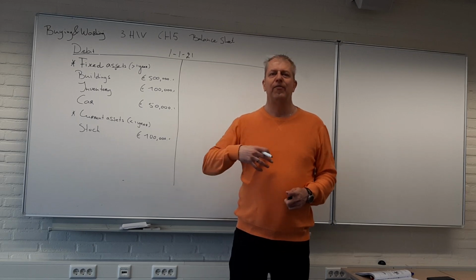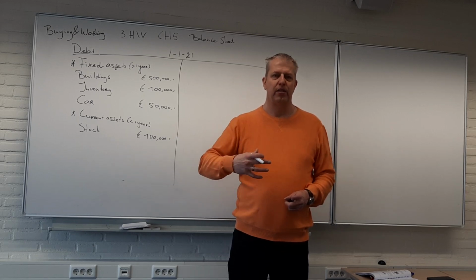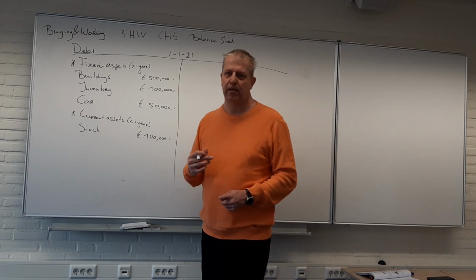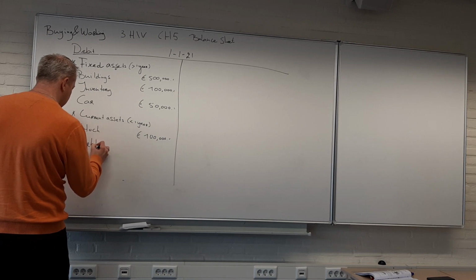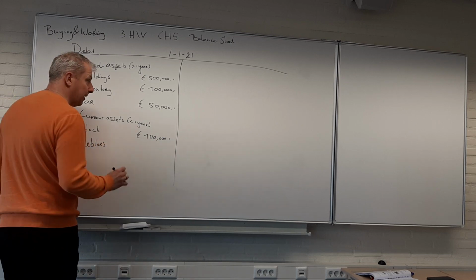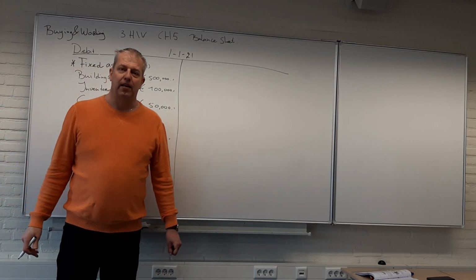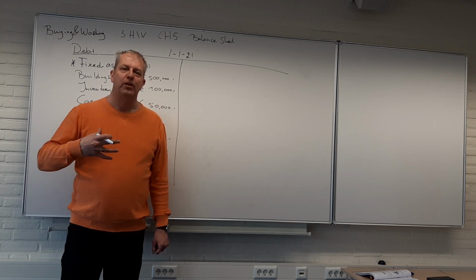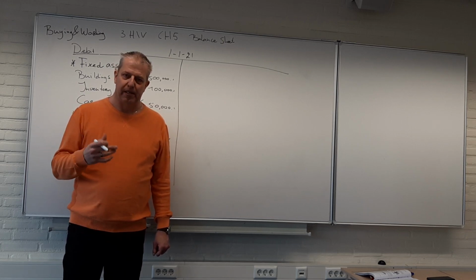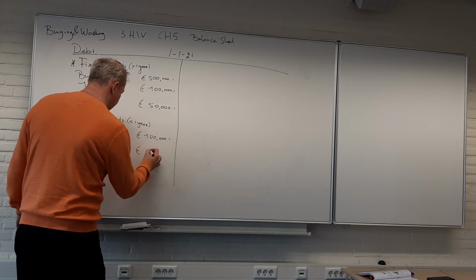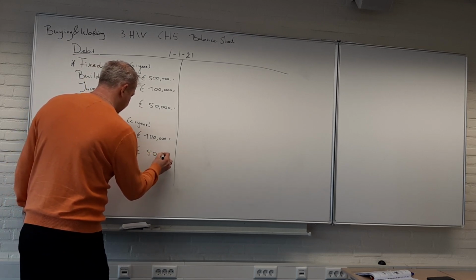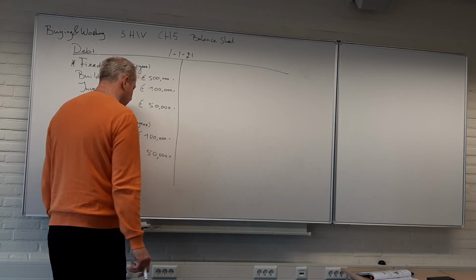So if I sell things which aren't paid yet, I call that debtors. So debtors are people or companies that I sell things to which haven't been paid yet, so they have to pay me. €50,000.